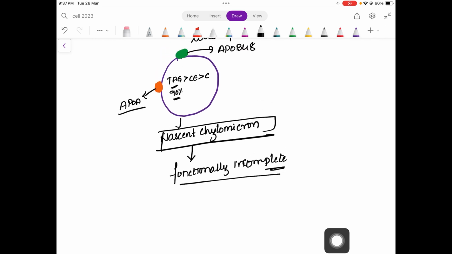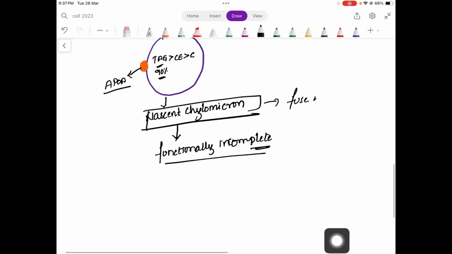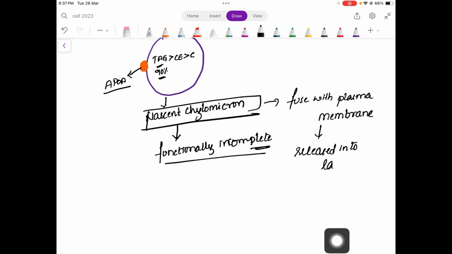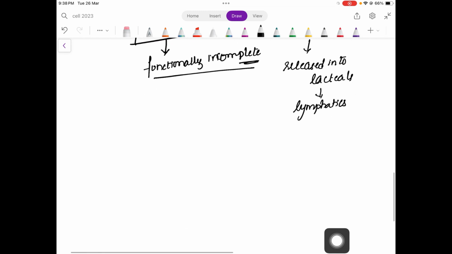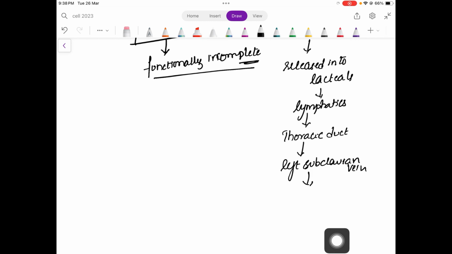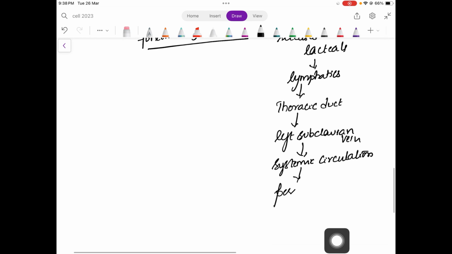These nascent chylomicrons will fuse with the plasma membrane, and they are released into lacteals, and these lacteals are connected to lymphatics, and these lymphatics will open into the thoracic duct, and from the thoracic duct they will open into the left subclavian vein, and from the left subclavian vein they are transported to systemic circulation, and they will reach peripheral tissues.